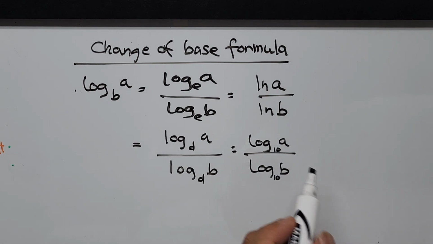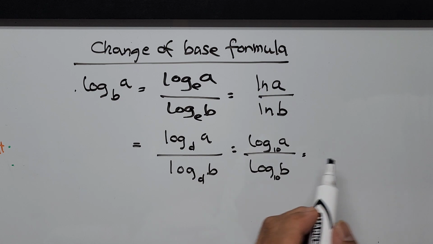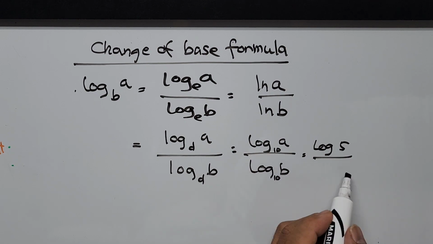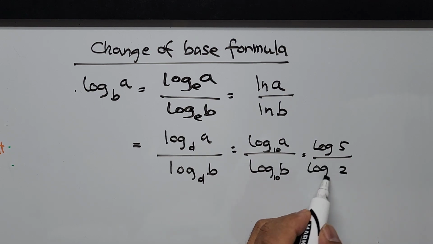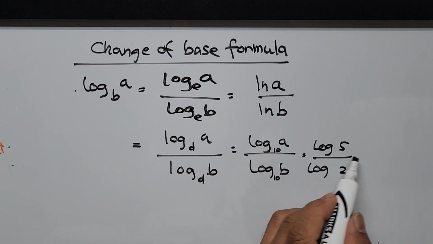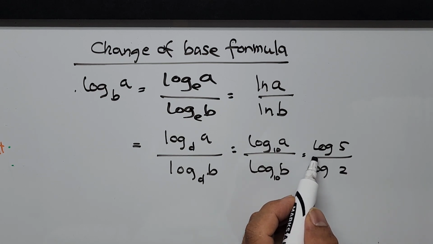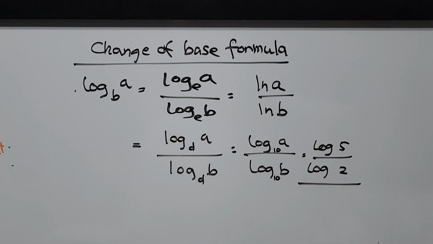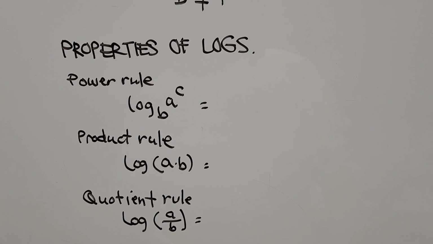If, for example, we have the value of a as, let's say, 5, and make b as 2. So log of 5 divided by log of 2. You don't need to put 10 over here. All you have to do is press the log in your calculator and 5, then you will get the answer. Simple as that.